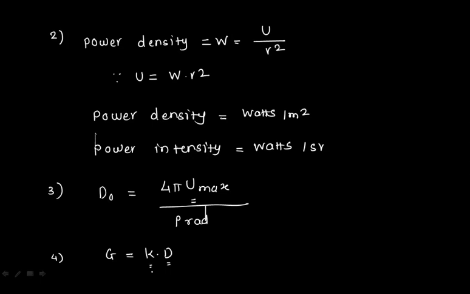The total efficiency of the antenna is ET equal to ECD, the conduction dielectric efficiency, into ER, the reflection efficiency. ECD can be considered as this K, so K into ER is the total antenna efficiency.